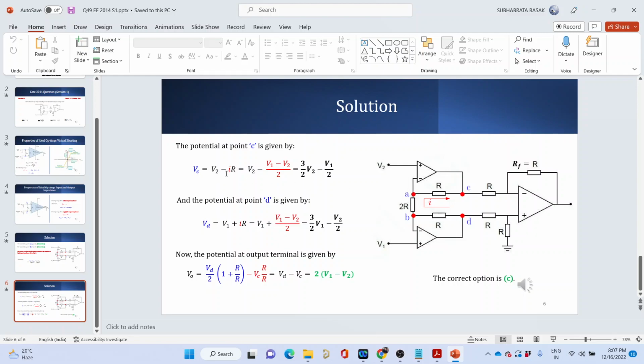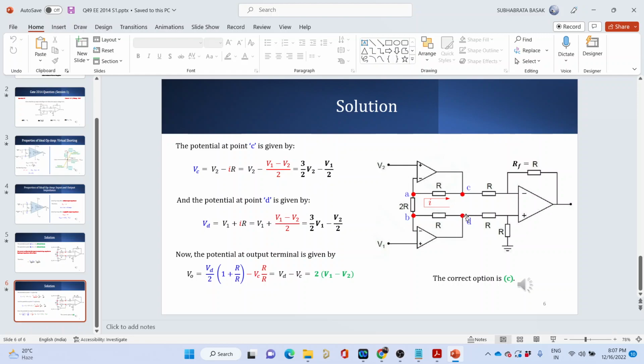So I have written V2 minus I into R, because I into R is the potential drop across this resistance R. Correct? Agree with me? Yes, sir. Now I have replaced I with the expression that we derived in terms of V1 and V2. If you do the operation, you get an expression like this: 3/2 V2 minus V1/2.